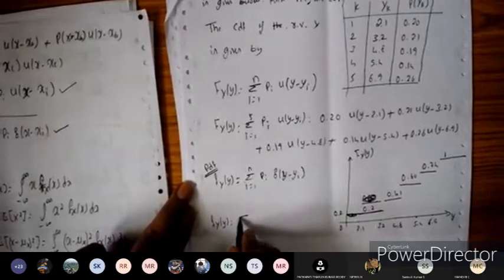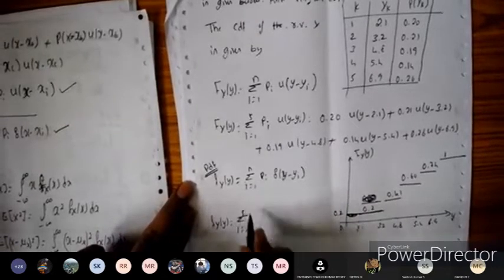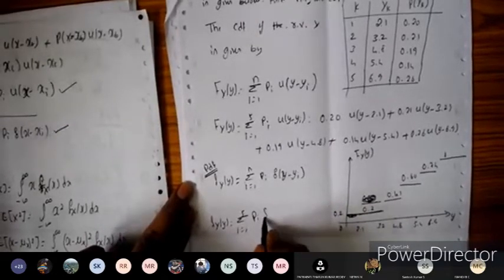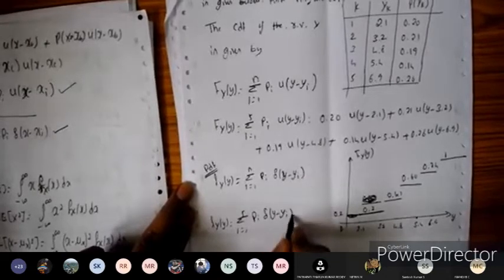So expand this one. Fy of y is equal to summation i equals 1 to 5 pi into delta of y minus yi.